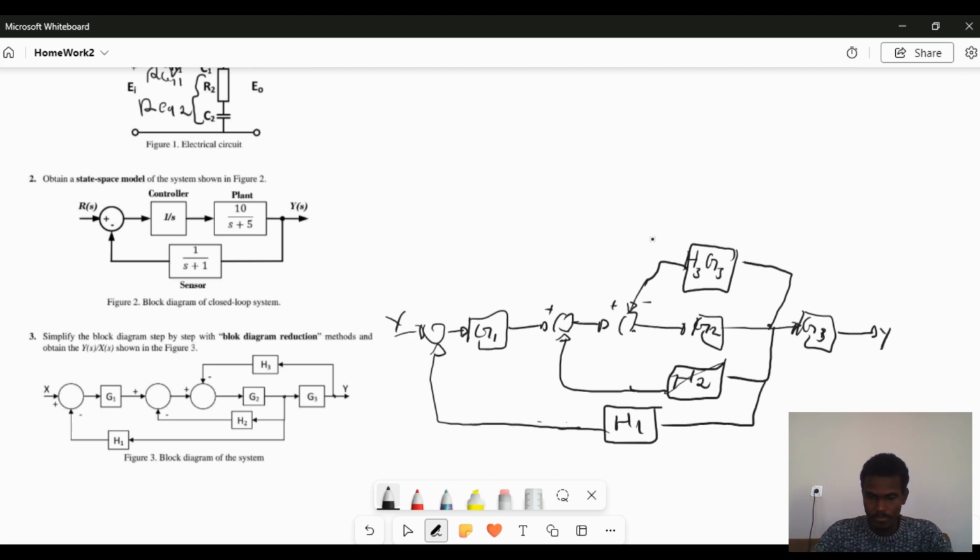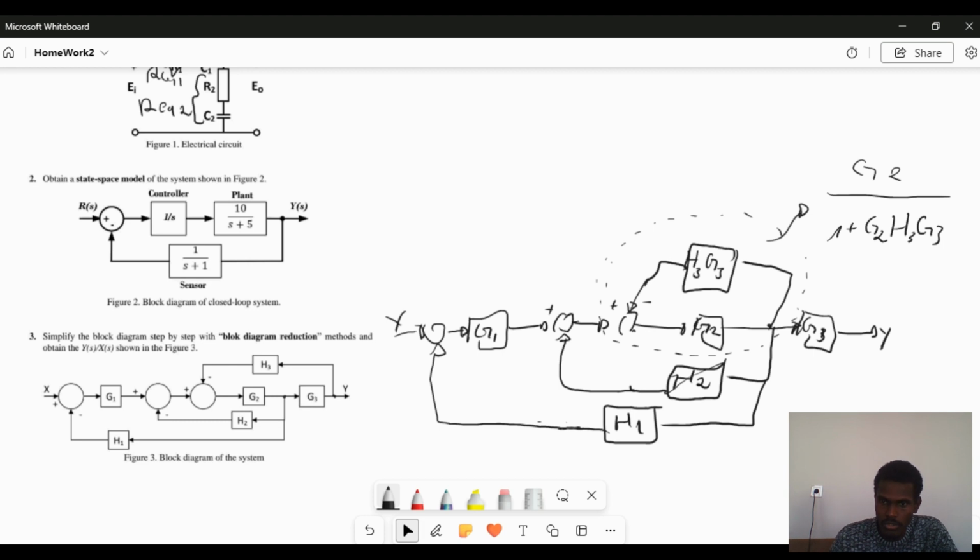Here we have X. Here we can see that we have a closed loop transfer function. So we can calculate this here. We have forward path gain G2 divided by 1 plus forward path gain multiplied by feedback path gain, G2 H3 G3.